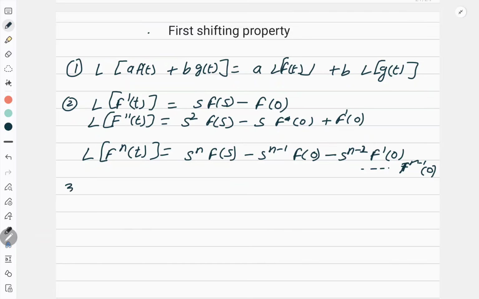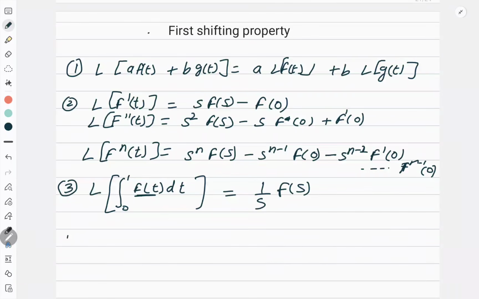Then you have another property when you find the Laplace of any integral. If you have Laplace of the integral from 0 to t of f(t) dt, then the value is equal to, first find the Laplace of f, which is F(s), and then just multiply it by 1 by s. Fourth is the change of scale.